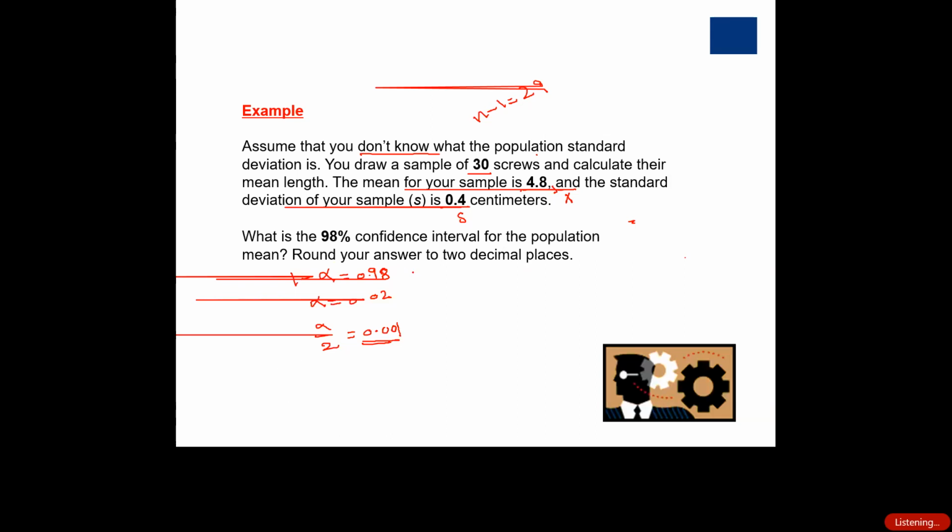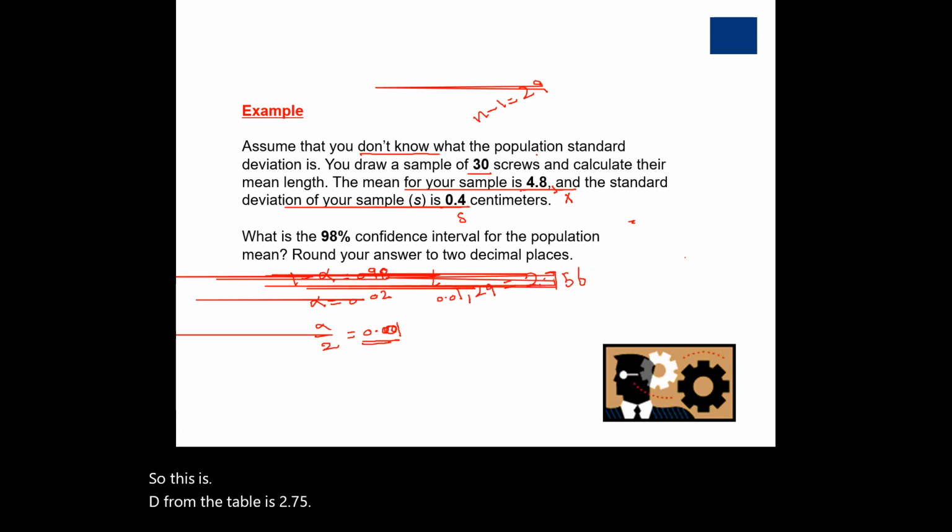Okay, from the table, for 0.01, not 0.01, it's 0.01 plus 0.01, and 29 degrees of freedom, the value is 2.756556. So from the table it is 2.756.